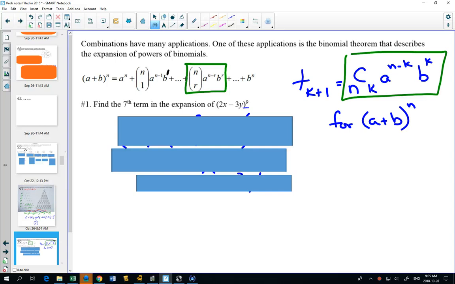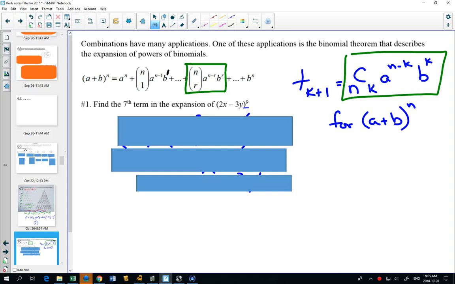In your formula sheet, this was for term k plus 1. So if you were finding term 5, k was 4, because 4 plus 1 would make 5. So you remembered that, or you saw that in your formula to help you determine which term you're finding.